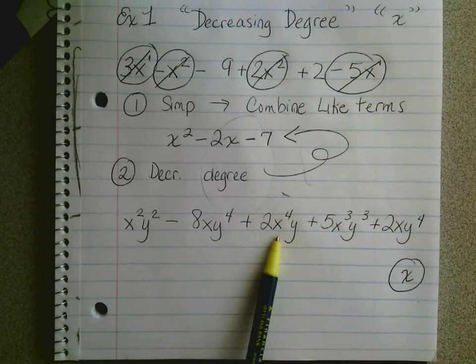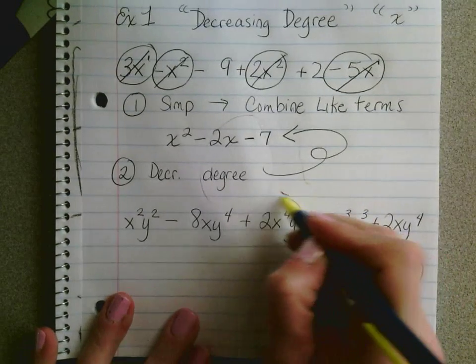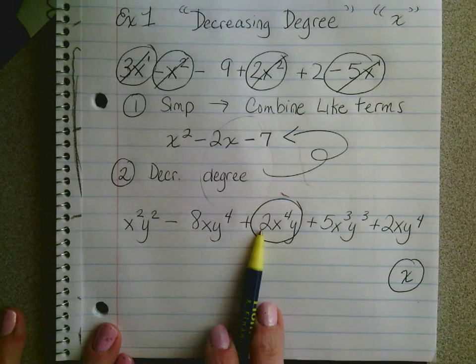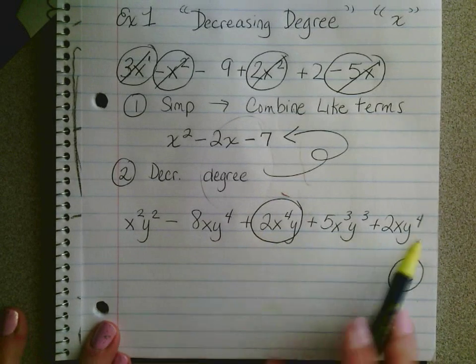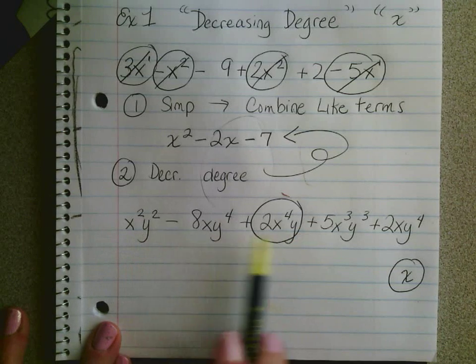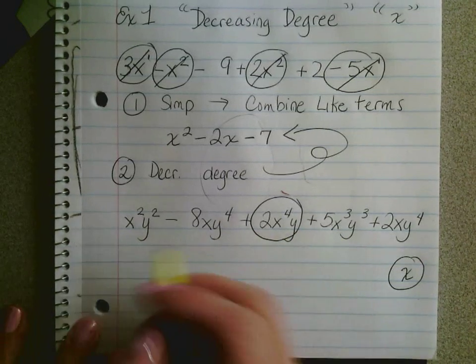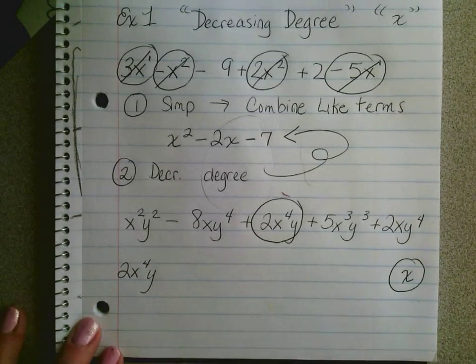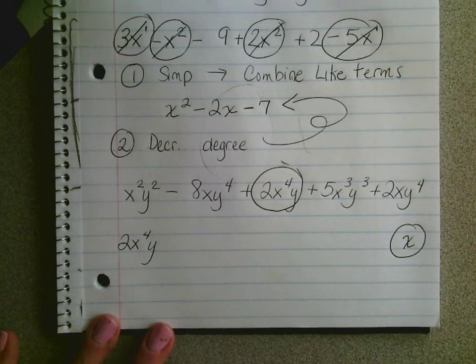That one? Yep. Are there any like terms with which I can combine this? In other words, are there any other terms that are x4y? Nope. So 2x4y is going to be the first term.